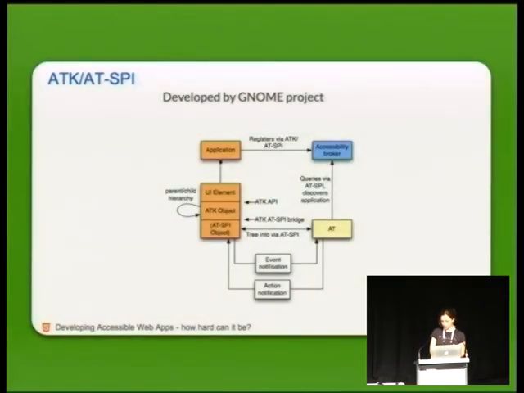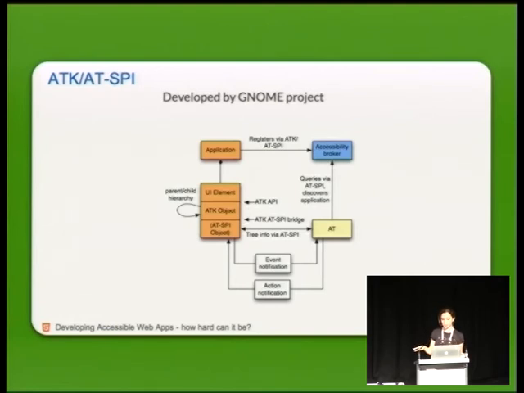So ATK is Accessibility Toolkit. ATSPI is Assistive Technology Service Provider Interface, which I've now remembered since I got it on Monday. This is just the very high-level architecture diagram that I made. So ATK is sort of a wrapper API around ATSPI, which is very low level. ATSPI also encompasses the accessibility broker, which runs as a daemon on the platform.